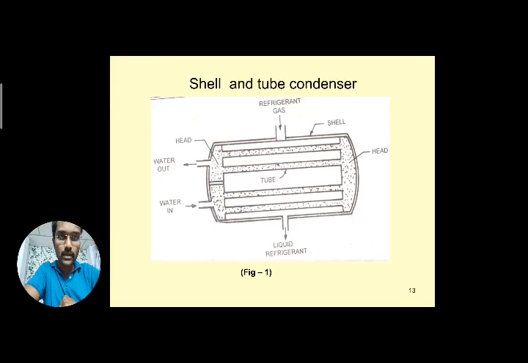You can see the refrigerant flowing inside the tubes; it is a cut section, so you can see some curved structures inside. The refrigerant gas coming from the compressor at high pressure enters through the tubes and flows inside them, and after the heat exchange and phase change, liquid refrigerant collects at the bottom. So refrigerant gas enters at the top, and liquid refrigerant collects at the bottom.